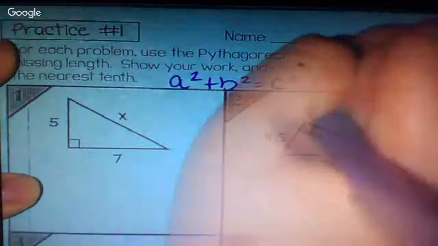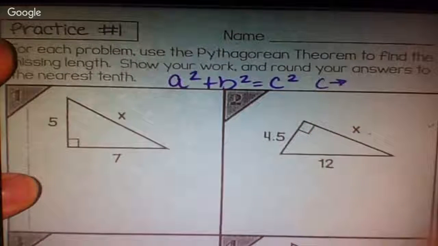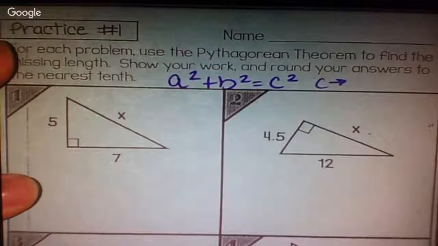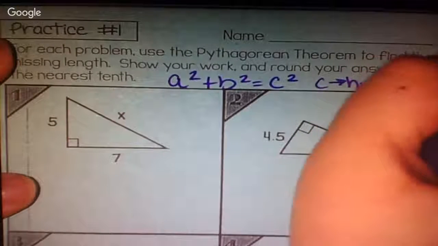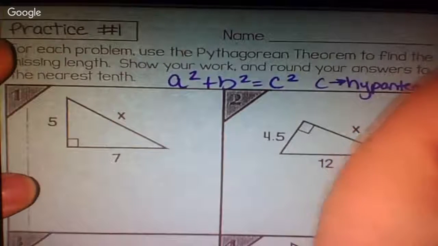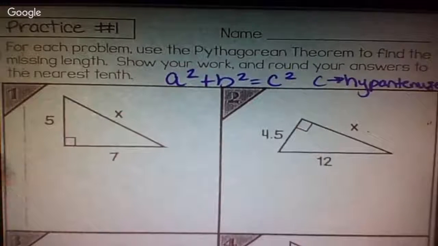A squared plus B squared equals C squared, where C is your, what do they call that side? Hypotenuse. It's your hypotenuse.